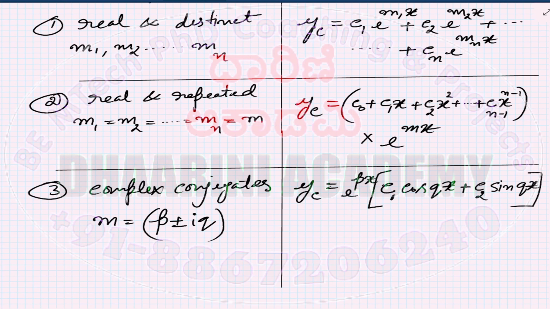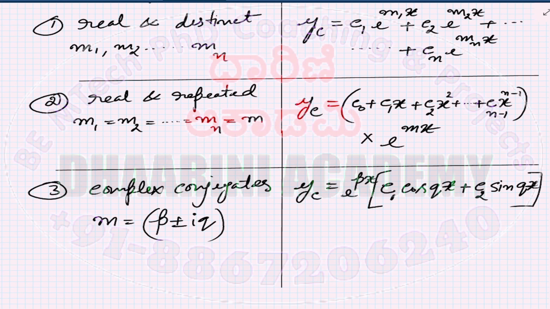We already know, in the root obtained, if it is complex, p is the real value which comes over here. The q, which is the imaginary part, is going to come here and here. c1, c2 are the constants. So using this technique, we can obtain the yc.